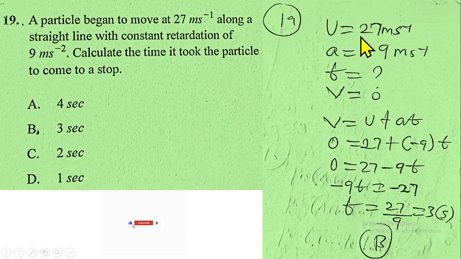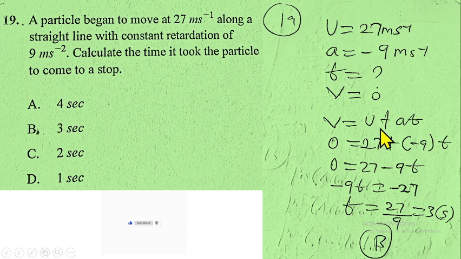So our initial velocity u is 27 meters per second. When the particle later stops, the final velocity will be 0, and we are given the negative acceleration, which is the retardation given to us, which is minus 9 meters per second squared. So we are looking for the value of t. If you look at all the equations of motion that we know, there is one we can substitute these values into to get our t.